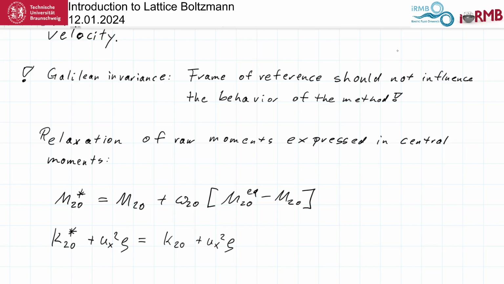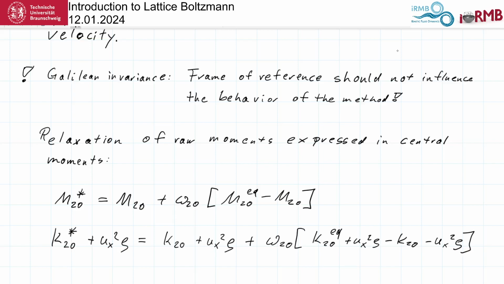So then we have plus UX square rho, and the same thing goes here in the equilibrium state. Sorry, that must be K equilibrium. So there's plus UX square rho minus K20 minus UX square rho.